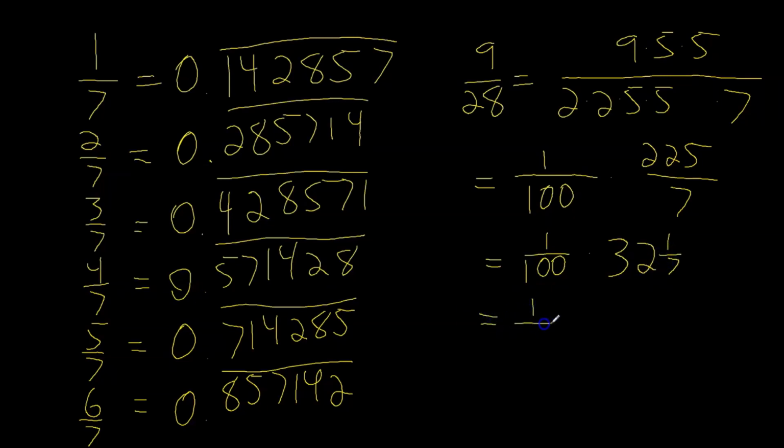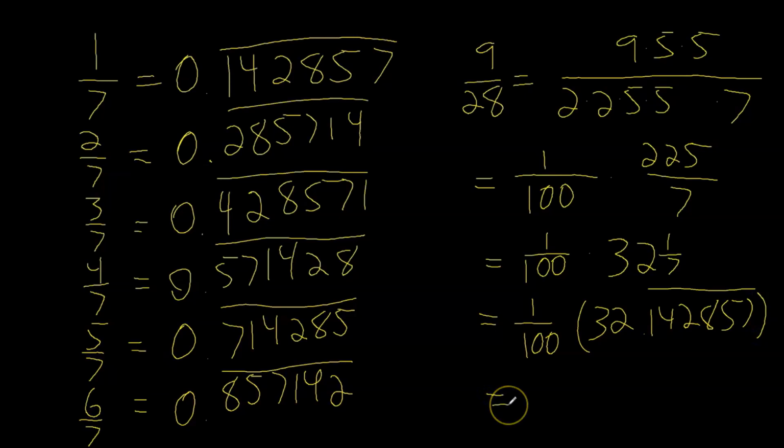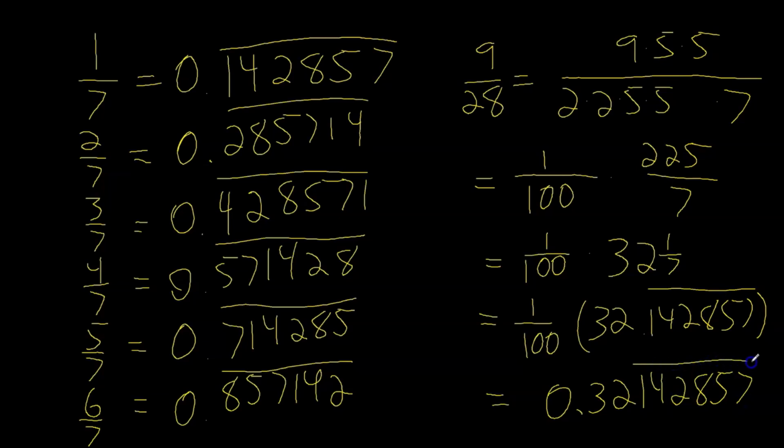So that means we're talking about 1/100th of 32.142857 repeating. That means we just need to move the dot over 2 times, and we have 0.32142857 with those last 6 digits repeating, and that is 9/28.